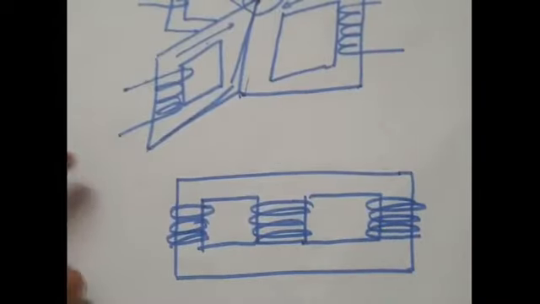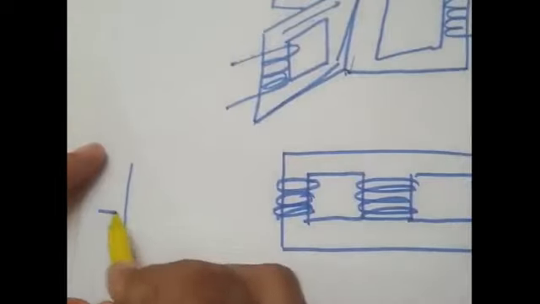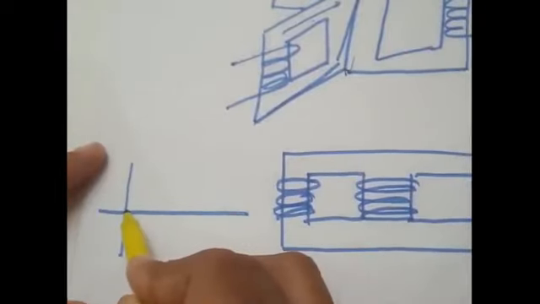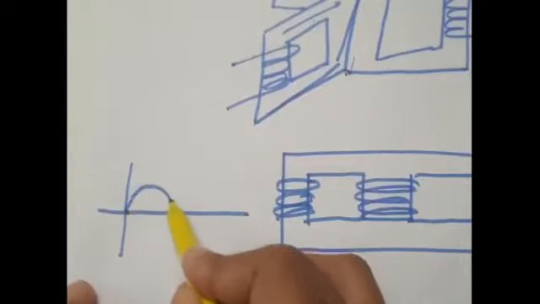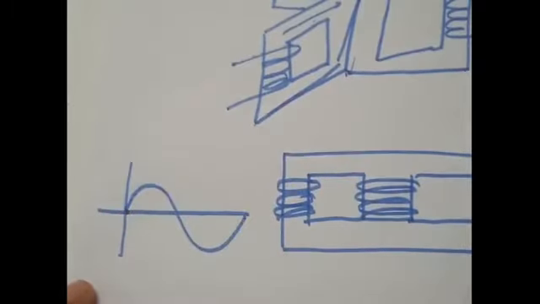This is how we are able to form a three-phase transformer. Basically the principle of the three-phase transformer is the same as in a single phase transformer, where we obtained an AC current induced in the secondary coil.